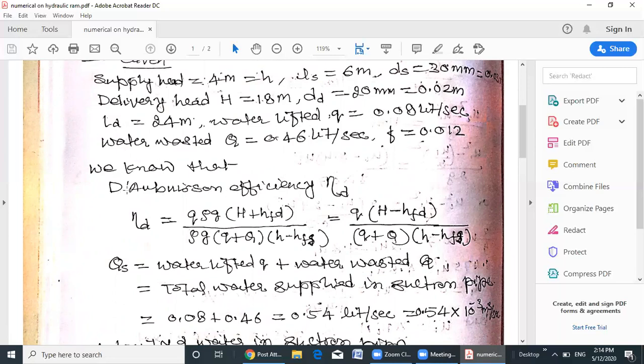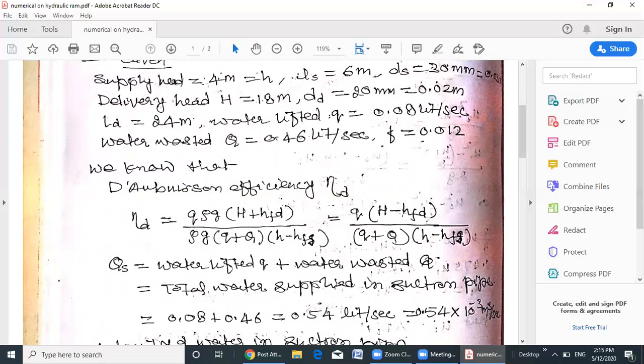We know that D'Aubuisson efficiency is nothing but it is q in bracket capital H minus small hfd over q plus capital Q into small h minus small hfs. Here hfs is written since frictional forces inside the pipe is counted here.